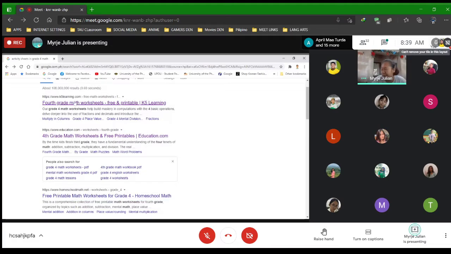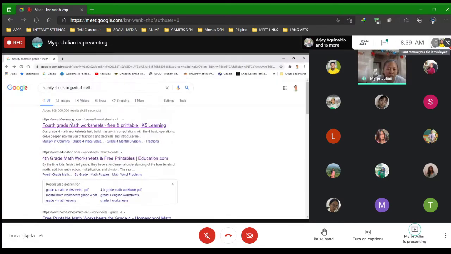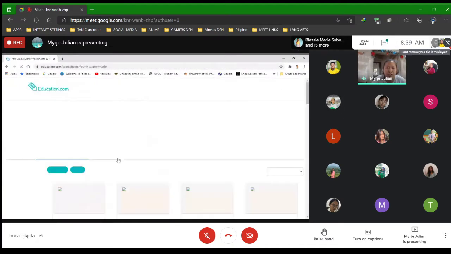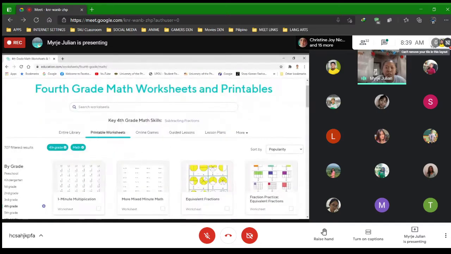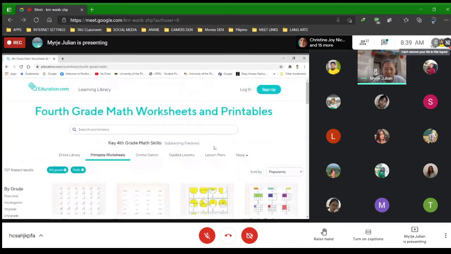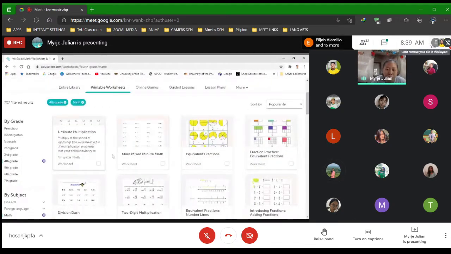Itong Google na to, yung na-search ng Google. Yes, ma'am. Okay, sige, i-click ko lang yung second suggested link, no? Ito, nakikita niyo na? Yes po. Okay, so ito yung mga sample activity sheets niya.